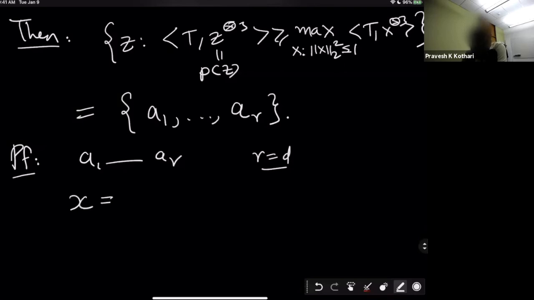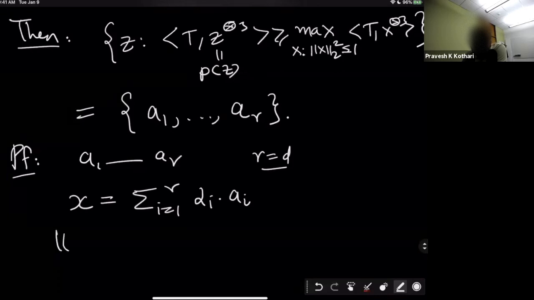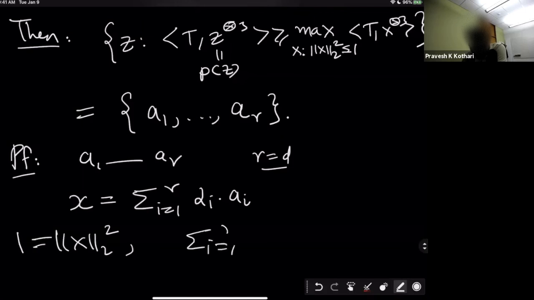So let's write x as the sum of alpha_i a_i. So any arbitrary vector x can be expanded as a linear combination of this orthonormal basis a_1 through a_R. And if I knew that the norm of x squared is 1, then you would agree that this is the same as saying that the sum of squares of alpha_i is 1, right? Because the a_i's are an orthonormal basis.